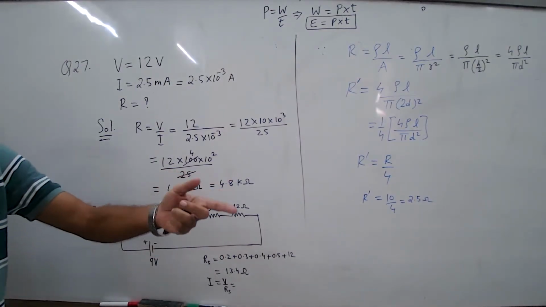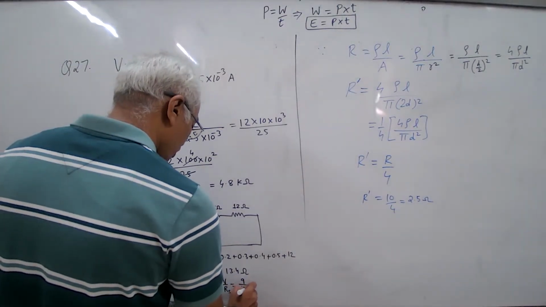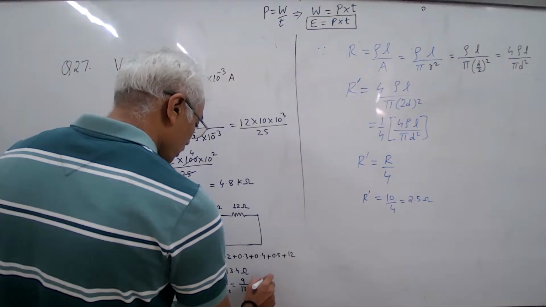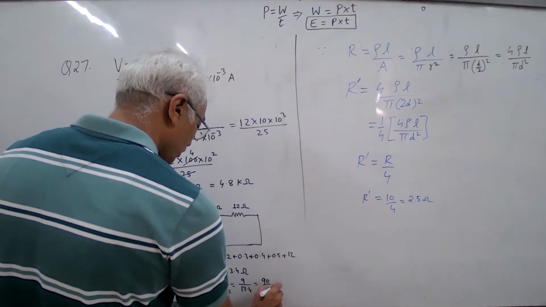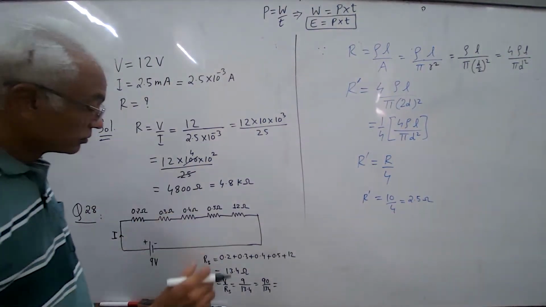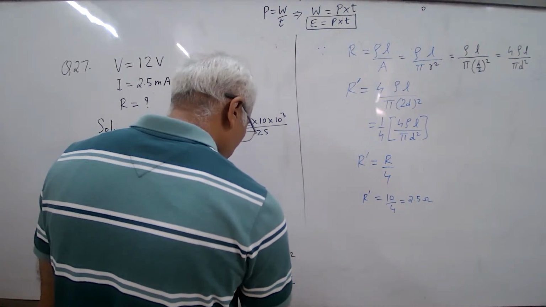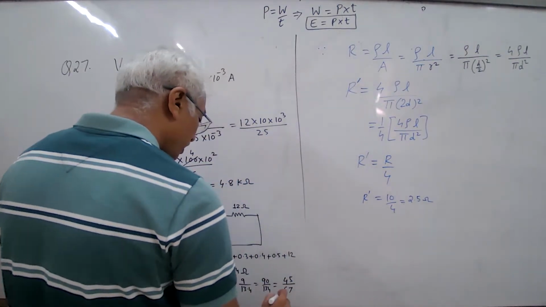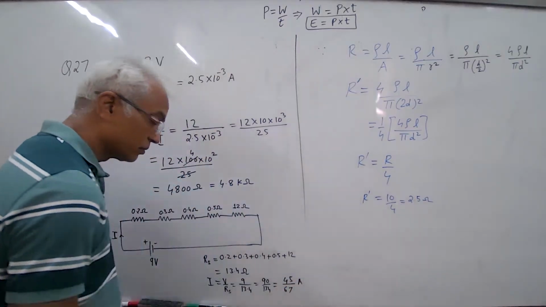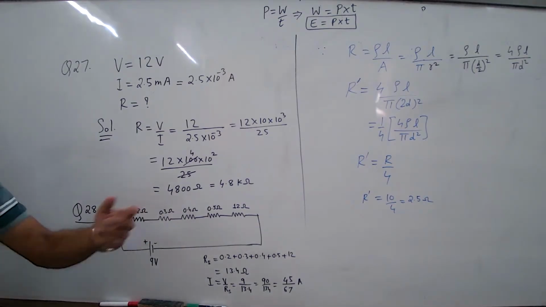That is the current flowing through all the resistors. So 9 by 13.4, that is 90 by 134, which is 45 by 67 ampere. This is the answer. Leave it there, it's okay. And it will be the same through all the rest.